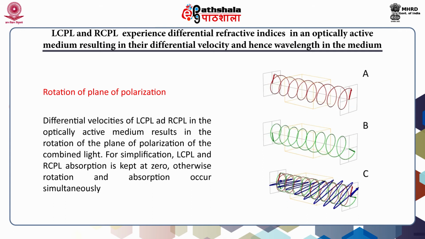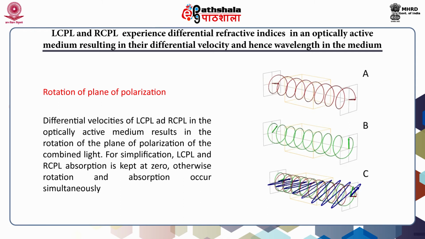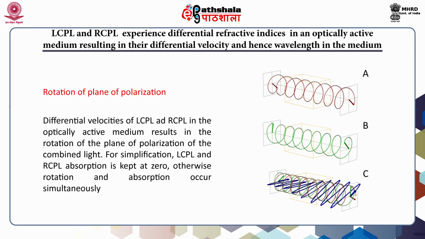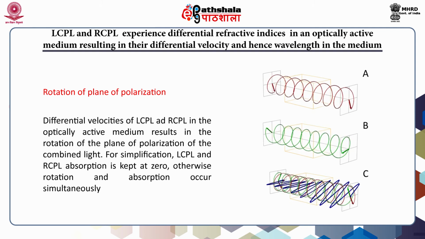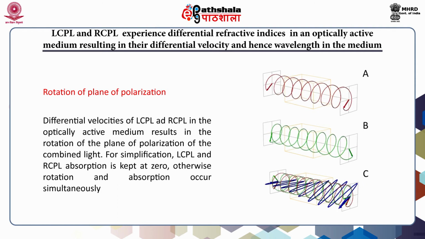You can see that the wave shown in blue color, which is the resultant of the two component lights, RCPL and LCPL, is linear, but now it is changing its direction of oscillation. From horizontal, it is making an orientation toward the left side.